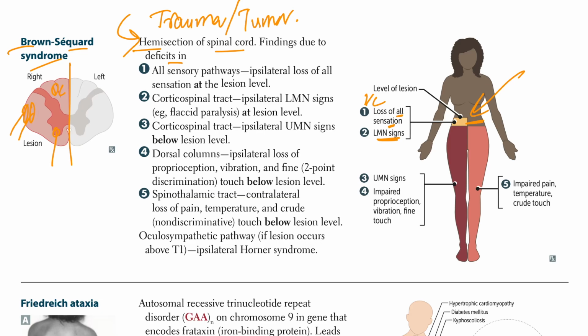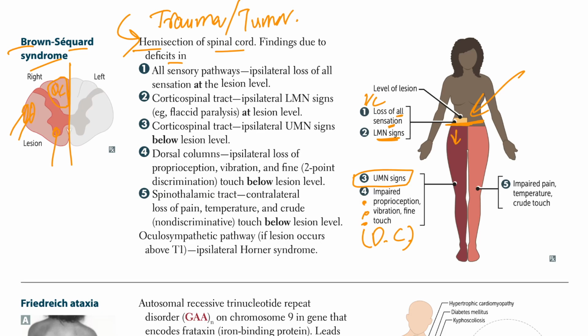Okay, and below that level, because you have knocked down half of the spinal cord, there is going to be no connection going up from this level. So below that level, you're going to have an upper motor neuron sign and also impaired proprioception, vibration, fine touch, which is coming from the dorsal column right here, right?